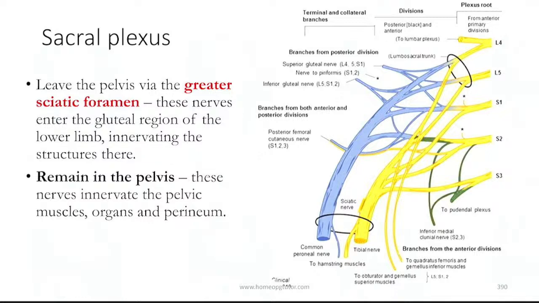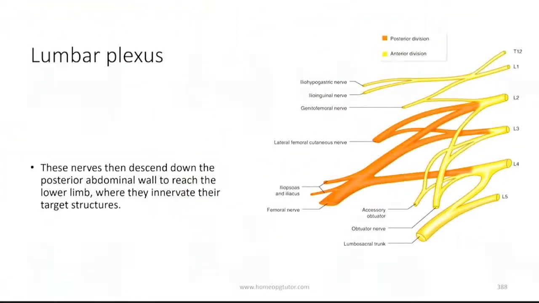So all the anterior divisions of L4, L5, S1, S2 and S3 give off branches to form the sacral plexus. Okay, we have a lumbosacral trunk, right?